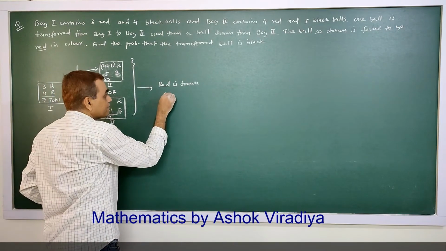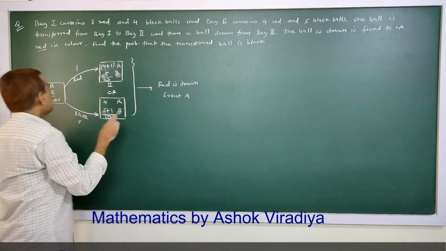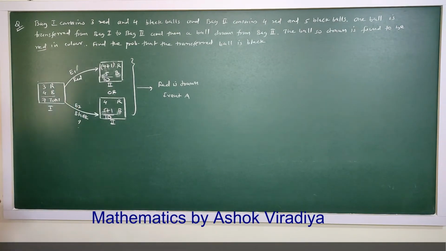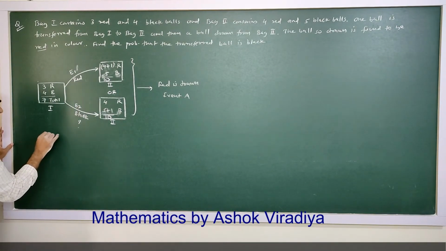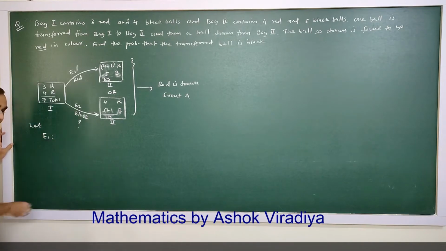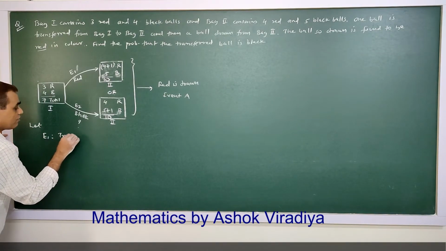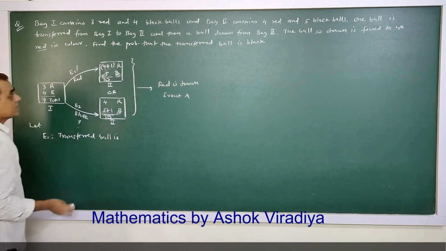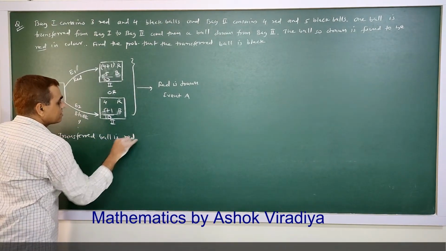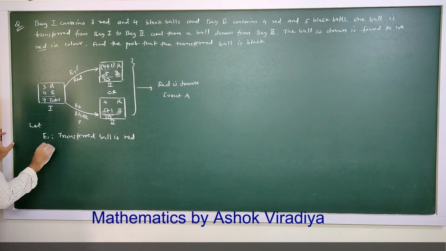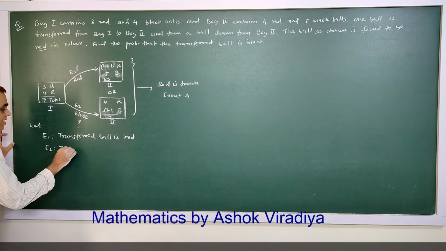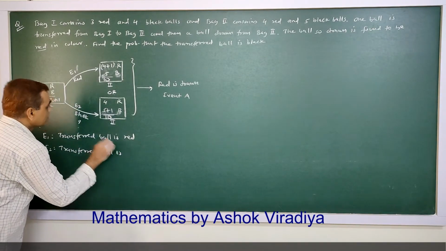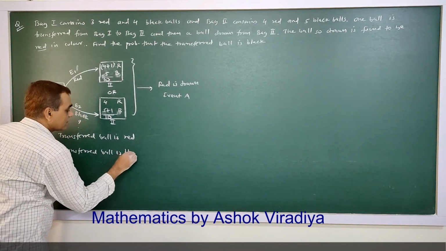Suppose this event is A. This event we say E1, this event is E2. So E1 is the event that the transferred ball is of red color. E2 is the event that the transferred ball is of black color.